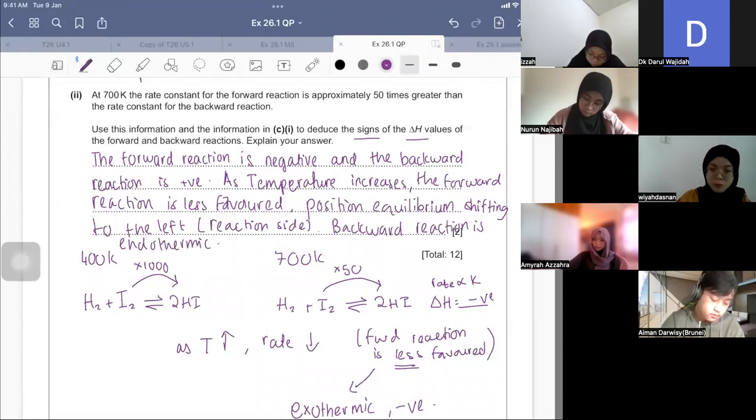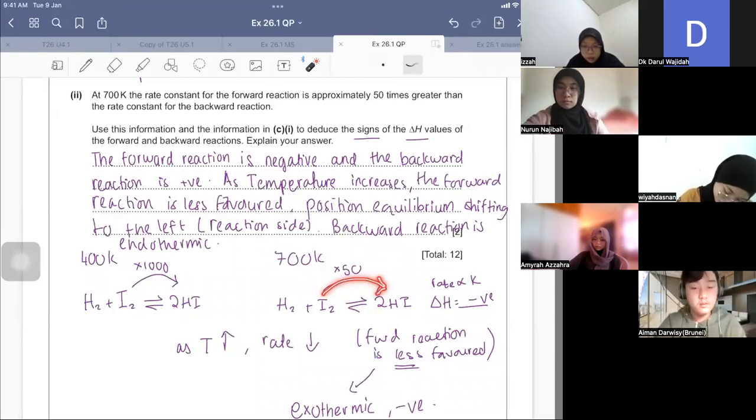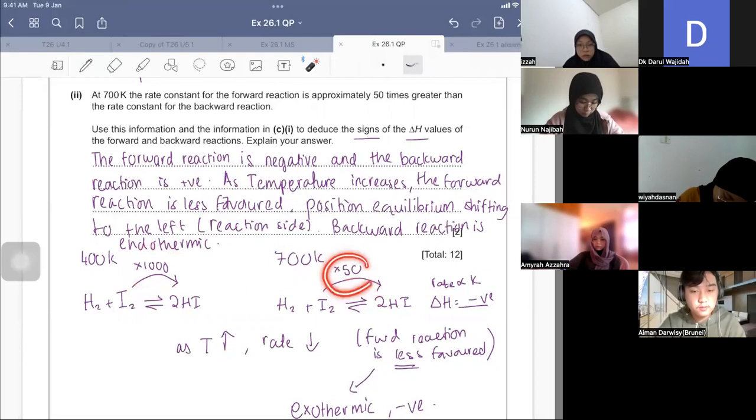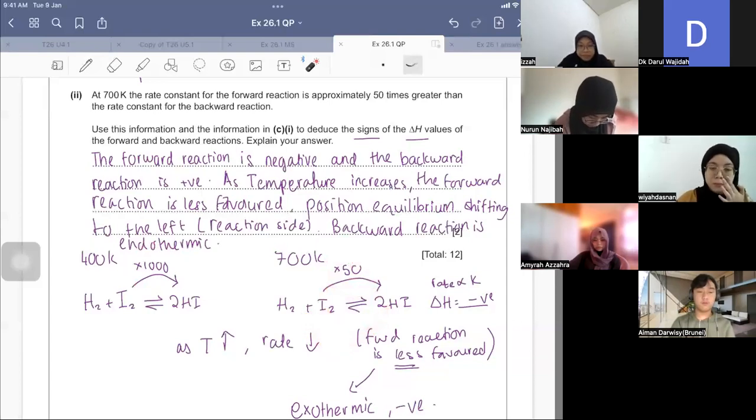So let me repeat that. If you look at 700 Kelvin, your rate constant of the forward reaction is now 50, whereas at 400 K, your rate constant was around 1000. The reason why this number is decreasing is because the backward reaction is increasing. But the forward reaction is still bigger than the reverse reaction.